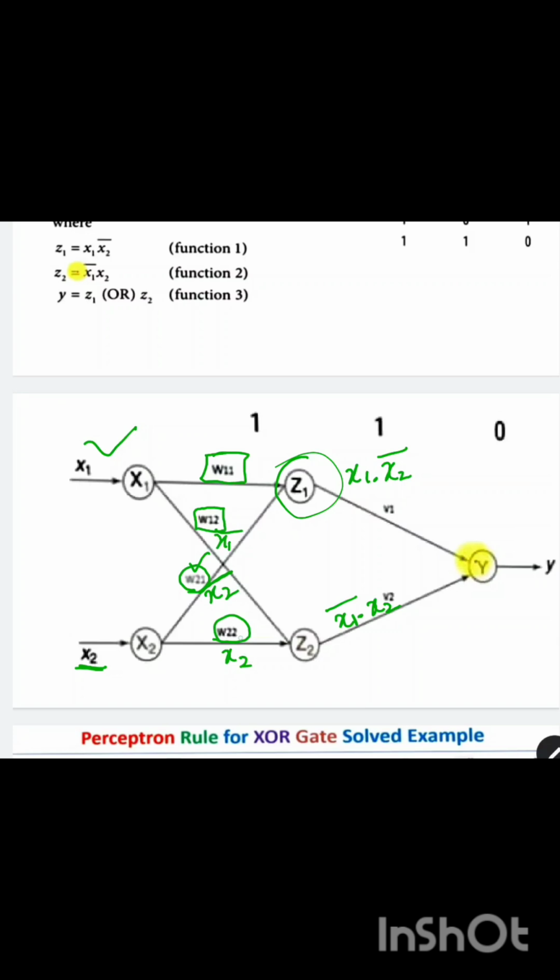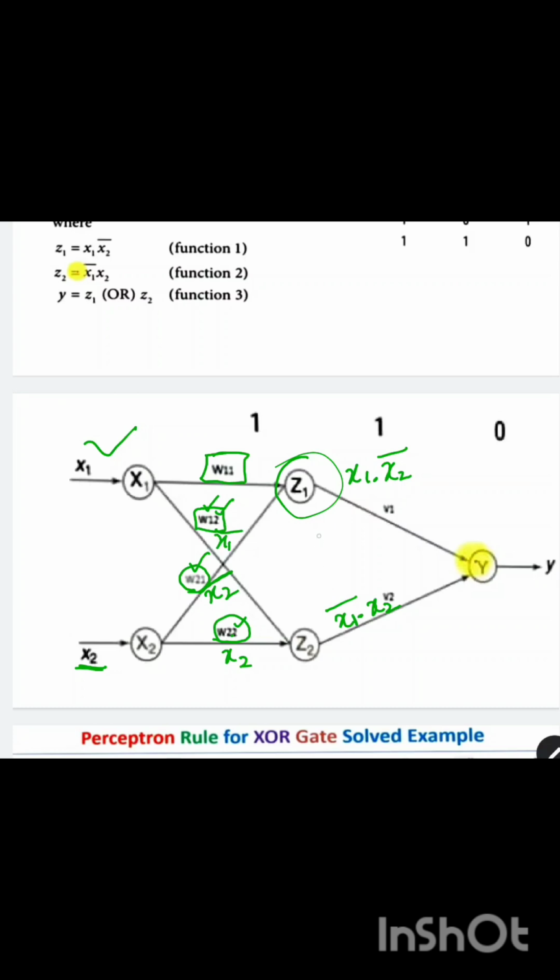So it is actually weight 2 of x2, and this is weight 2 of x1. Alright, second weight for z2. So this is weight 2 for the value x1 in z2, and this is the weight 2 for z2, which is for the value of x2.